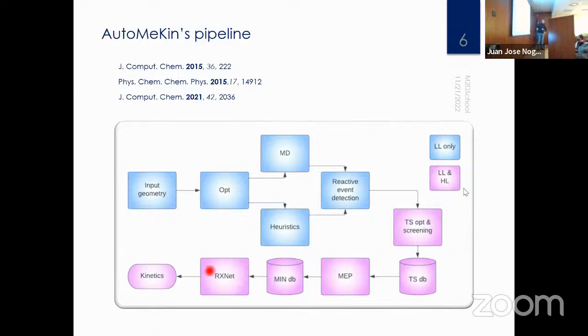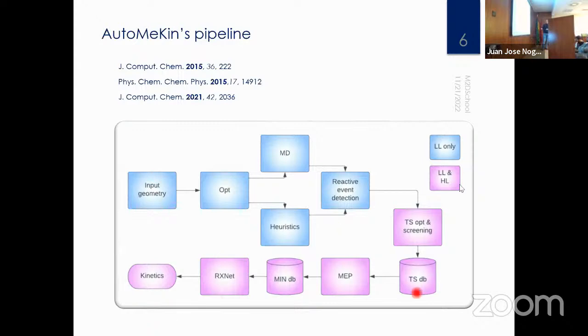That's why you need to rerun the kinetics again on the high level reaction network, at the conditions of interest. It could be a given temperature, a given energy, so fixed temperature, fixed energy, whatever. This is basically the workflow of the program in more detail.